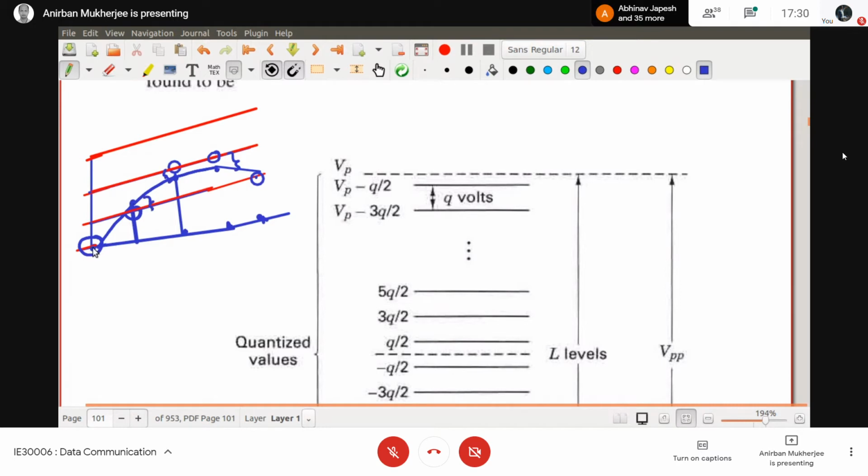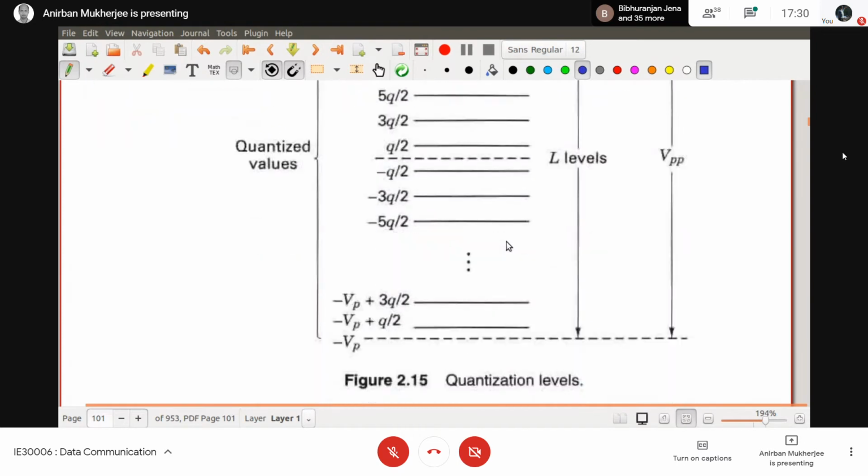Say here the error is minimum, say you started from 0, so the error is 0. But generally I have an error. Is that clear? I have some error due to quantization and I would like to characterize this error.